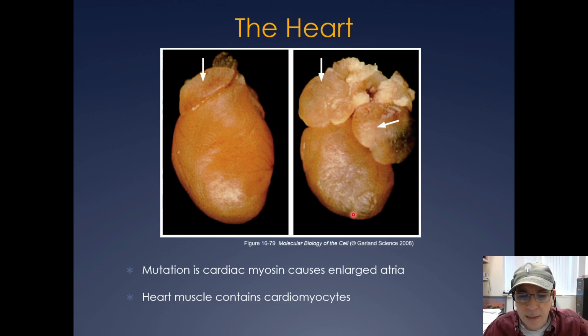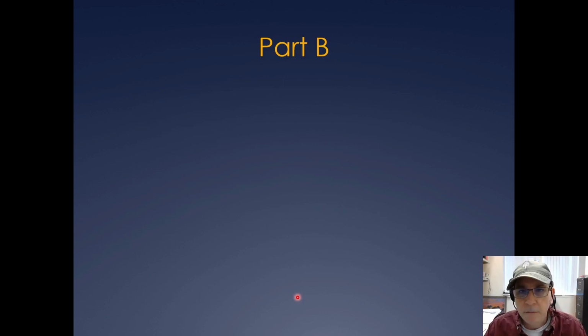Okay, and that can be big problems. And so instead of myocytes like the muscle cells, the heart muscle has cardiomyocytes. And so, they function the same way to cause contraction of the heart, which then pumps blood to the rest of our body. So that's all I have for Part A.